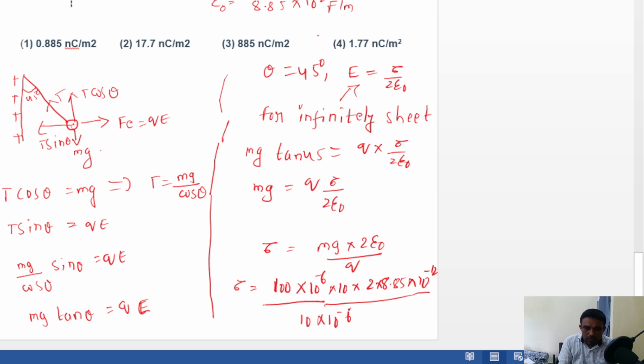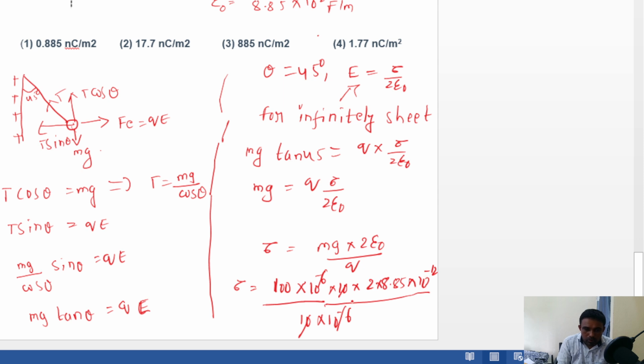So here 10 to the power of minus 6 and 10 to the power of minus 6 get cancelled. Next, here 10 and 10 get cancelled. So 10 to the power of minus 6 is there. Here 10 to the power of minus 4. Here 2 into 8.85 into 10 to the power of minus 12.